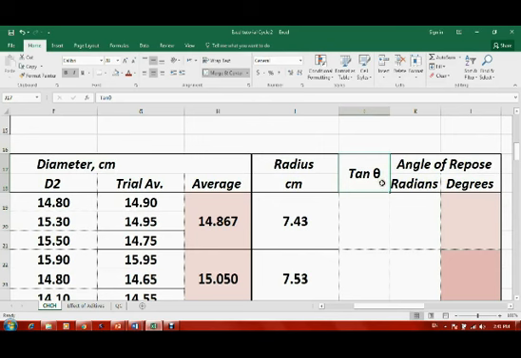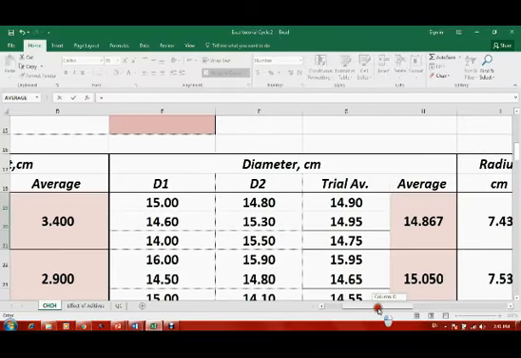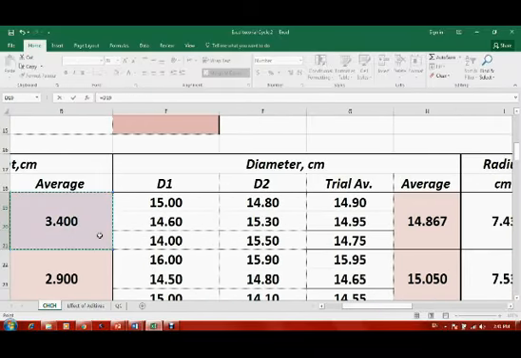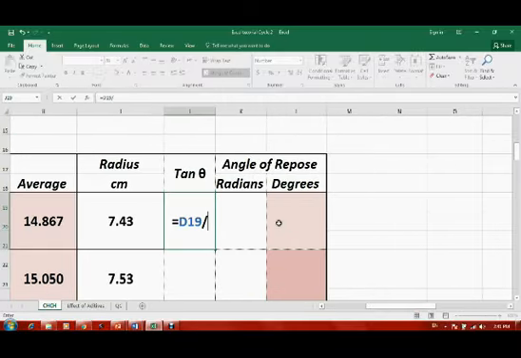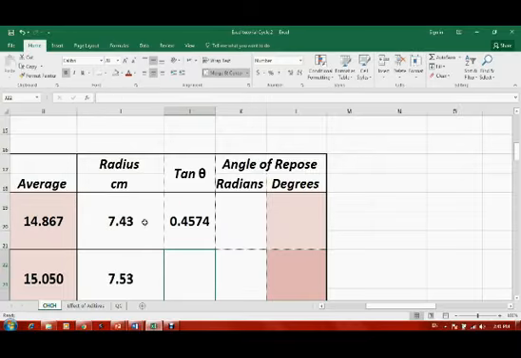The tan is equal to the opposite divided by the adjacent. Then it's equal to the height divided by the radius. The height is the average height of the three trials, and the radius is calculated from the average of the averages of the diameters.